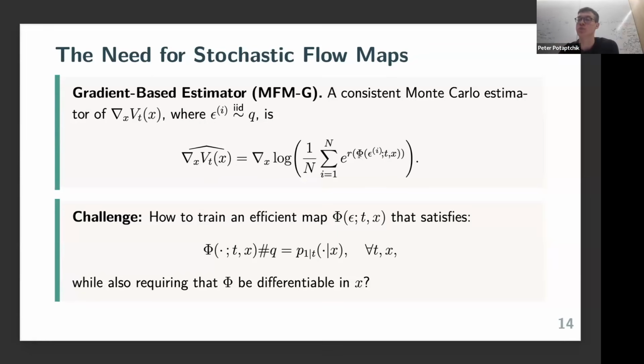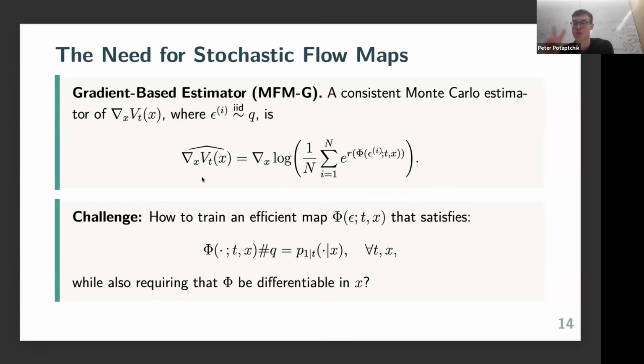So now I have this collection of posterior samples. I estimate the value function with this log sum exp. And since I'm assuming that my map phi is differentiable with respect to x, that was the second requirement on the previous slide, I can now differentiate this quantity with respect to x, and I have a consistent Monte Carlo estimator of the gradient of the value function.